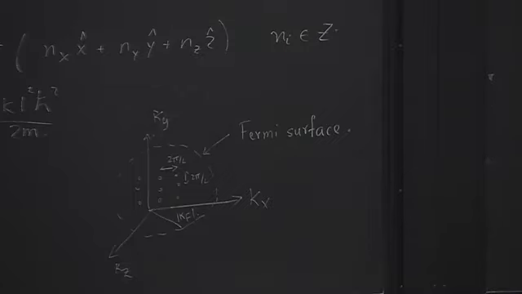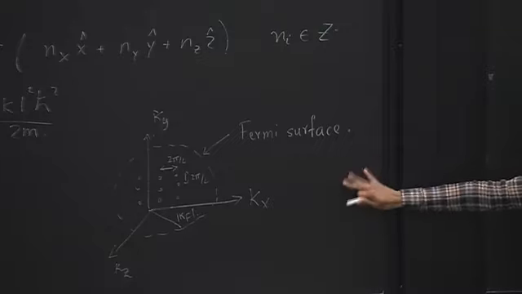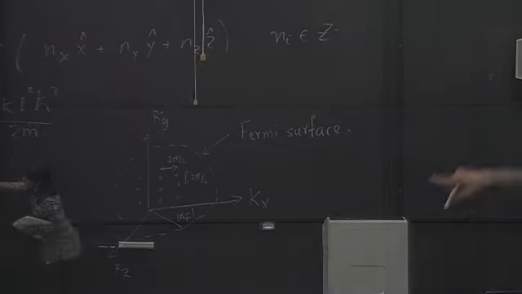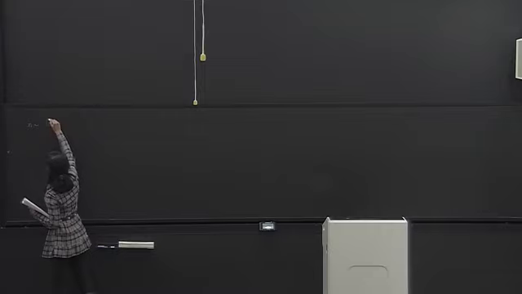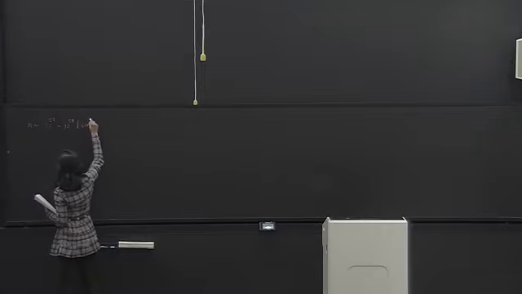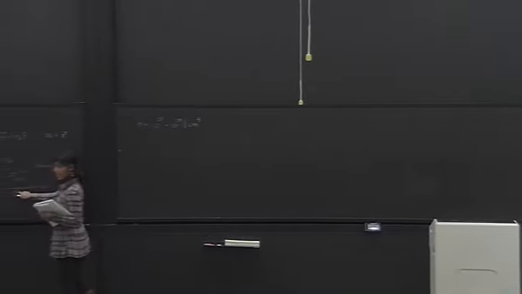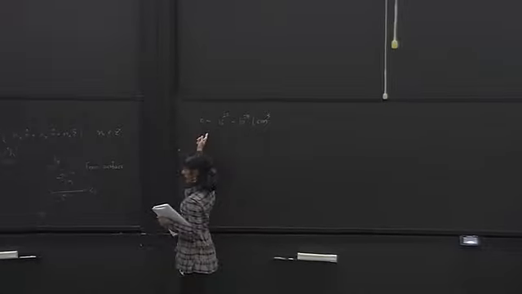Okay, so just to give you some numbers in a typical metal, what are these various quantities? First we wrote down what the density was. It's 10 to the 22 to 10 to the 23 per centimeter cubed. Now, from this picture, it's easy to work out, and I think you worked this out in the first week, the relationship between mod kf and the density, right?